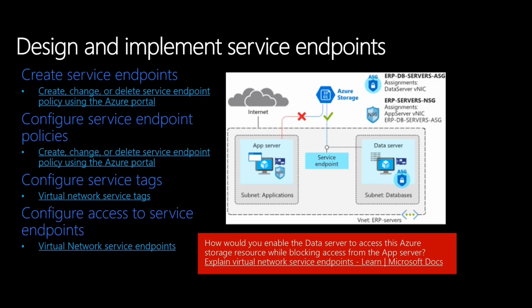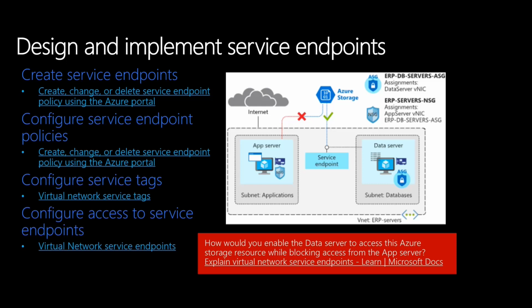A service tag, and I kind of alluded to this in one of the previous red boxes a couple sections ago, represents a group of IP address prefixes for a given Azure resource. Microsoft manages the address prefixes encompassed by a service tag and automatically updates the service tag as addresses change.